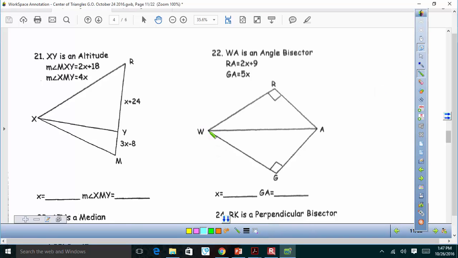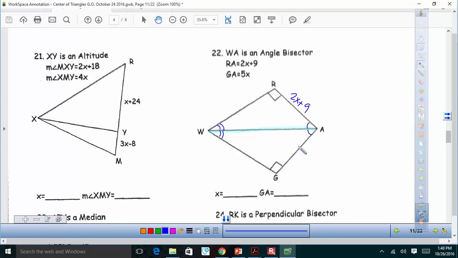So I'm going to highlight line WA. Okay, so that means that these angles are being bisected. Also, these angles are being bisected. Then the information they give me is RA, this length of this side right here, is 2x plus 9.